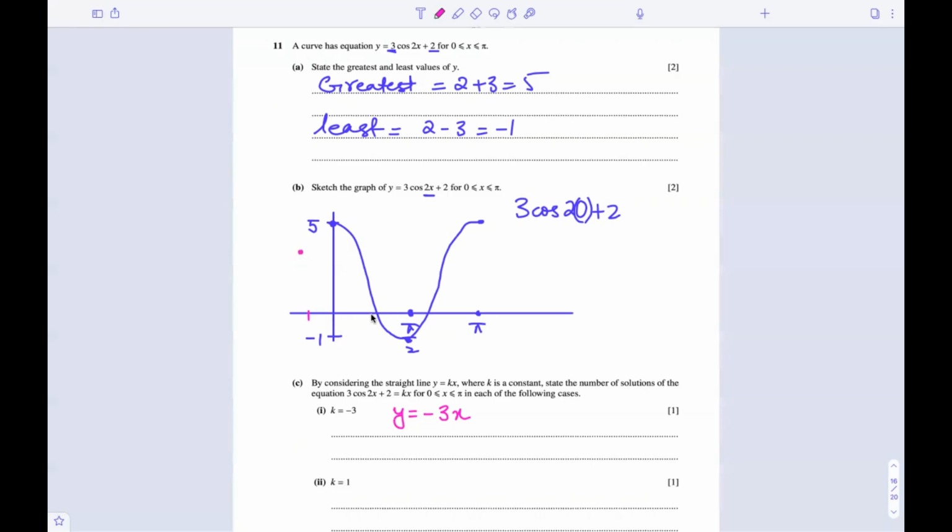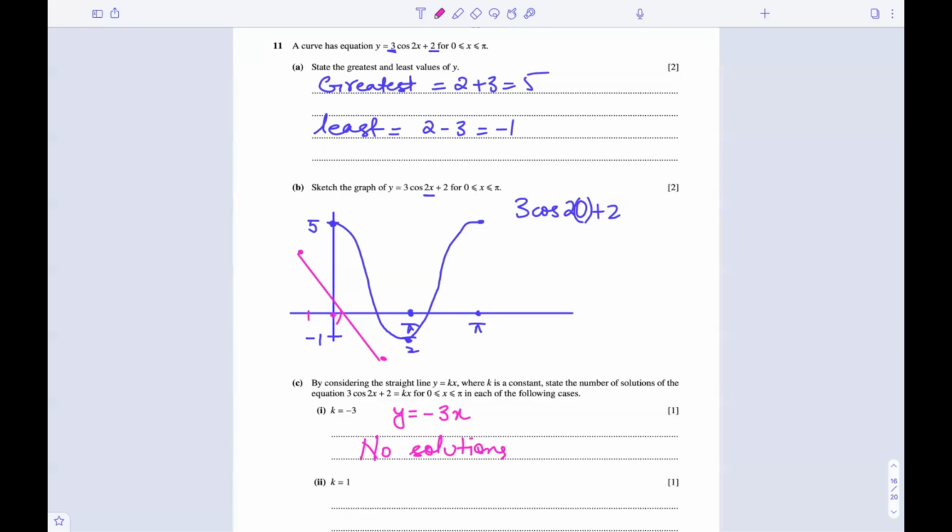And if we take x as +1, y would be -3. So roughly the line will be passing through the origin, as when x is 0, y would be 0. So roughly the line would be like this, and it will be passing through the origin. We can see from the curve and the line that they are not intersecting, so we can write that they have no solutions. And we'll have to make sure that we show that this passes through the origin.